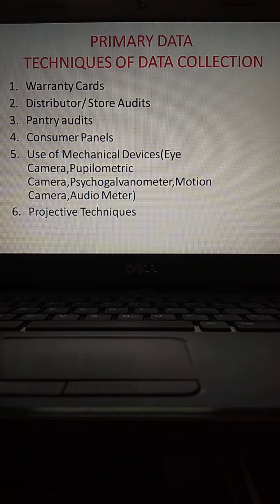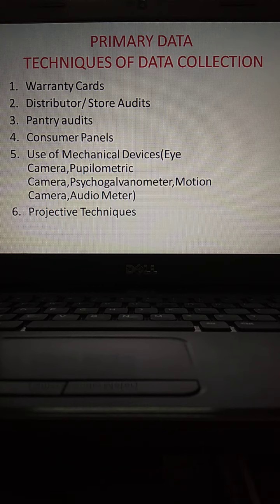By observing those things also, the supermarket people are going to estimate on which day what kind of items are going to be sold. Based upon that, they maintain the stocks. So those kinds of data collection methods are known as pantry audits.